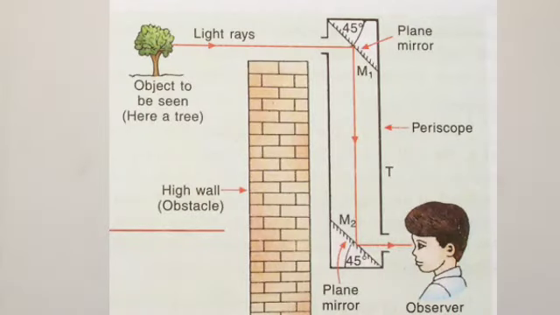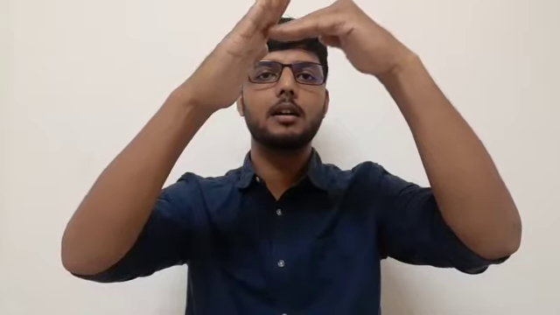How? Let's see in this diagram. You can see this is our periscope. This periscope has two openings, one on the upside and one on the bottom side. From the upside, the light rays come into the periscope, and here you can find a mirror.